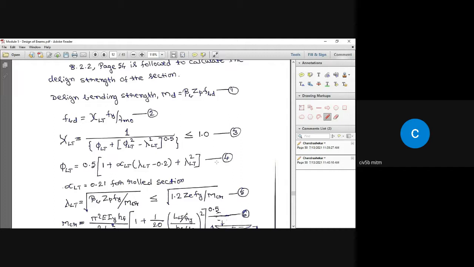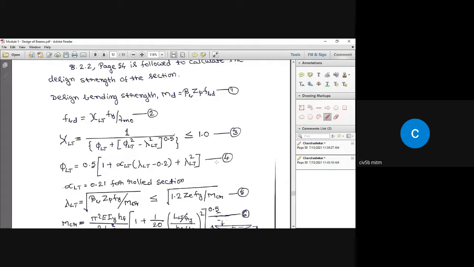And we have to find out FBD, that is the design compressive stress, or the compressive stress at which the beam yields or fails as a result of lateral torsional buckling. So how do you find out FBD?